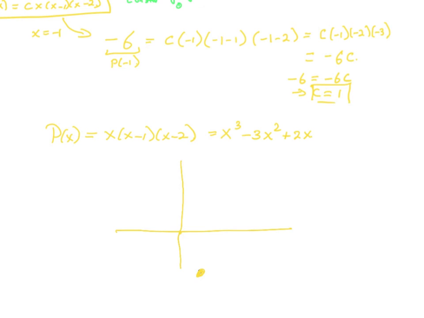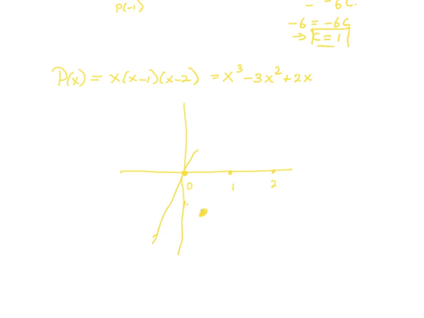You have p of 0 is 0, p of 1 is 0, p of 2 is 0, and p of minus 1 is way down here. It's minus 6. This graph has two bumps, and again, after we've studied derivatives, we'll be able to get the graphs of cubics pretty easily.